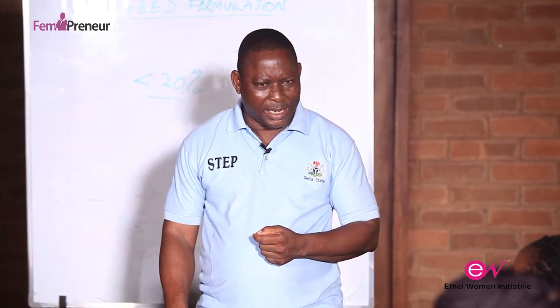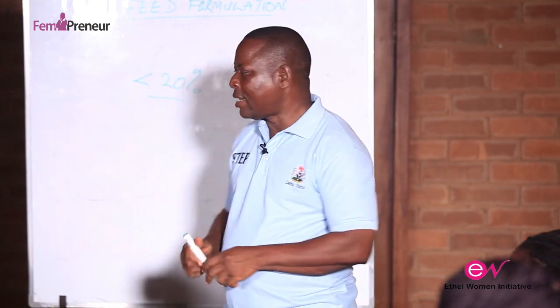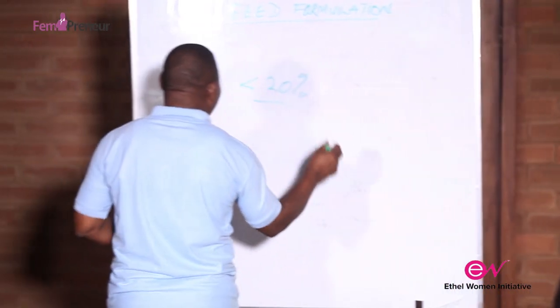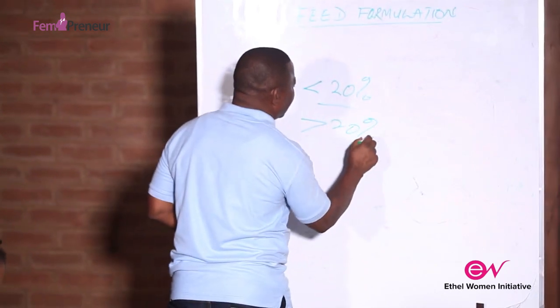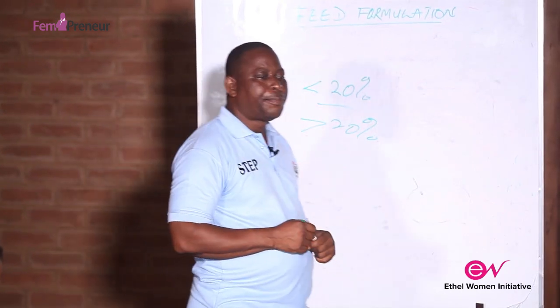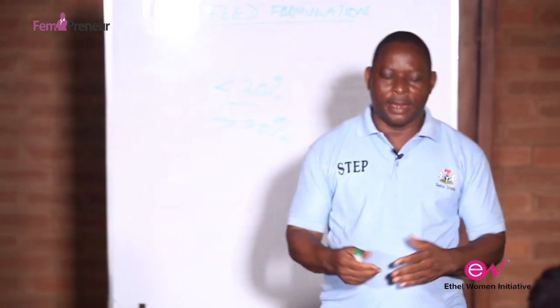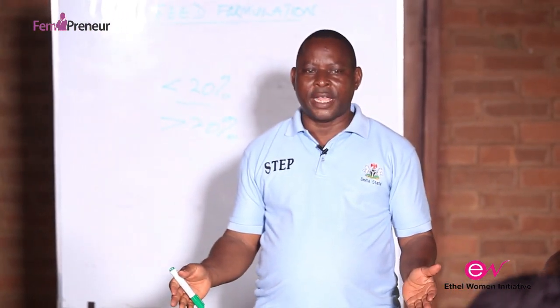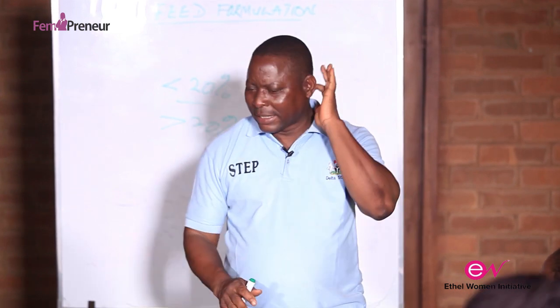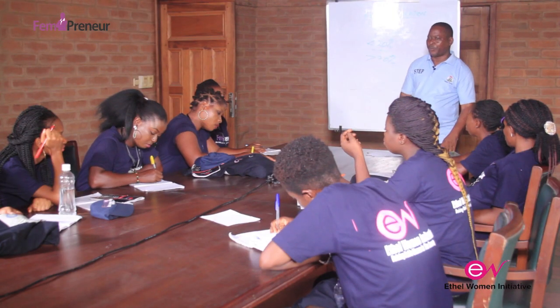Are you with me? Yes. Then, if you analyze and it's greater than 20%, we say what? It's a protein raw material. Okay? So we will end this classification at this level.